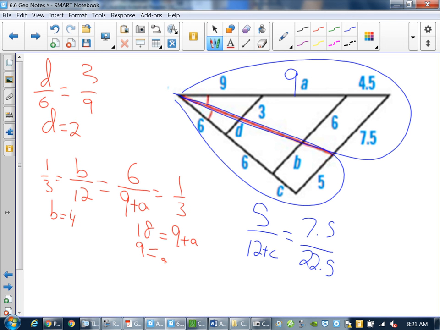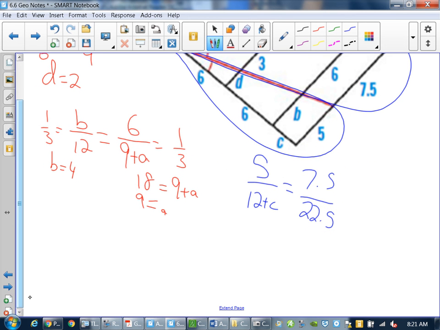Yes, ma'am? Oh, C. When you cross multiply all that out, let's see. Doing a bunch of math, what do you get for C? It's 3. Yeah.